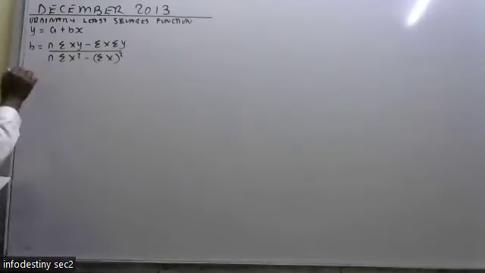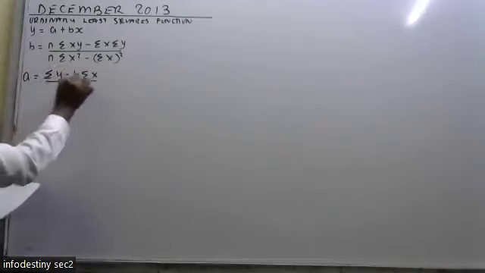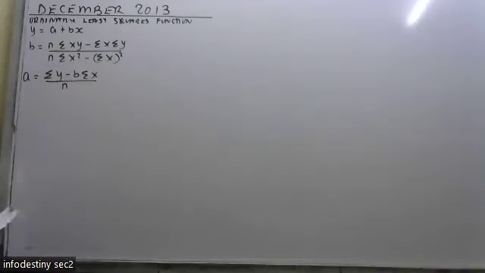Then a we know is given as sum of y minus b sum of x, we divide by n. The next thing they are talking of is coefficient of correlation.